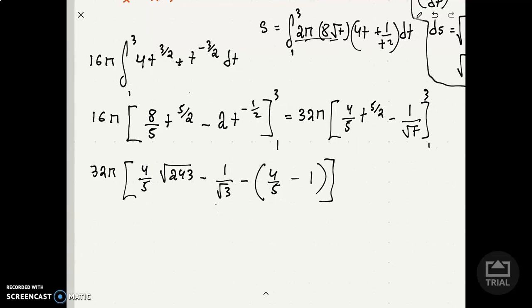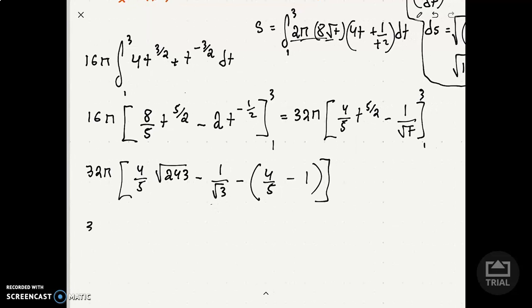Okay. Do I want to clean this up a little bit more? Maybe we can try. 32 pi times 4/5 root 243 minus root 3 over 3, and then we can combine those two into negative 1/5, so it becomes positive 1/5.